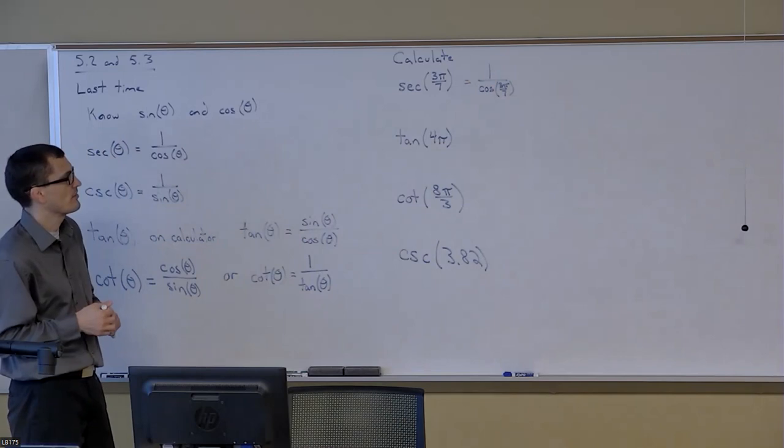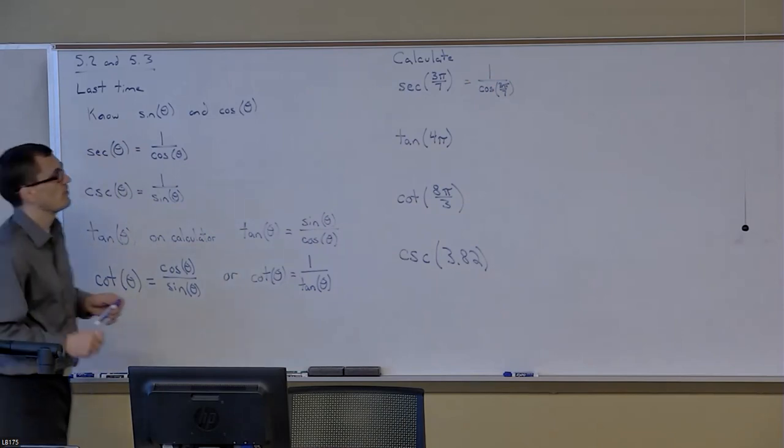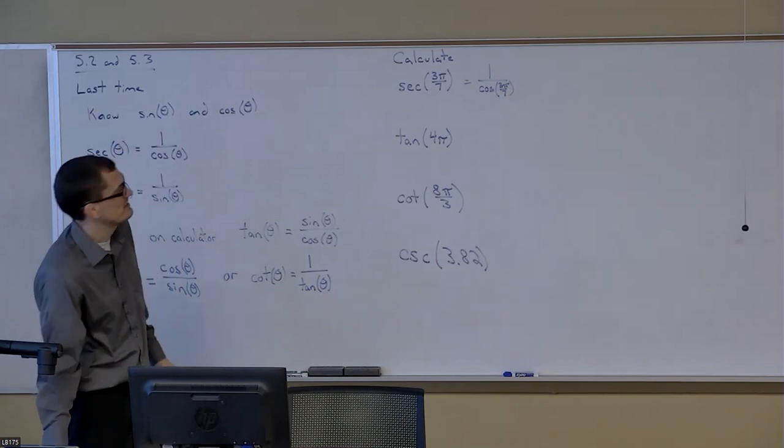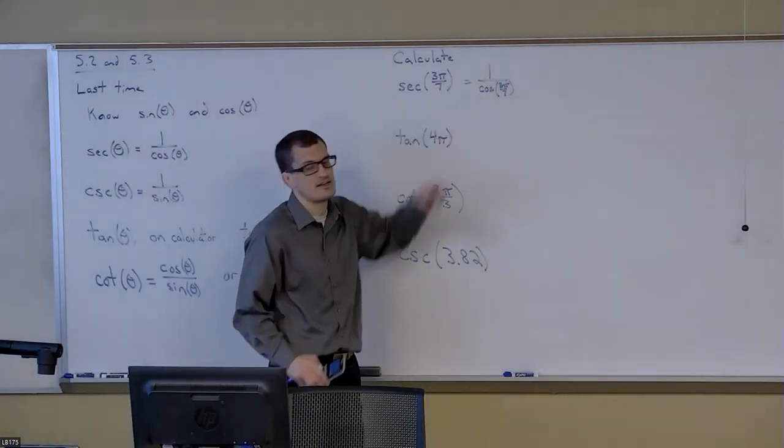All right. So if you get used to these, using these identities, it goes pretty quick. Okay. So that first one, secant, what I type into the calculator is 1 over cosine of 3 pi over 7.